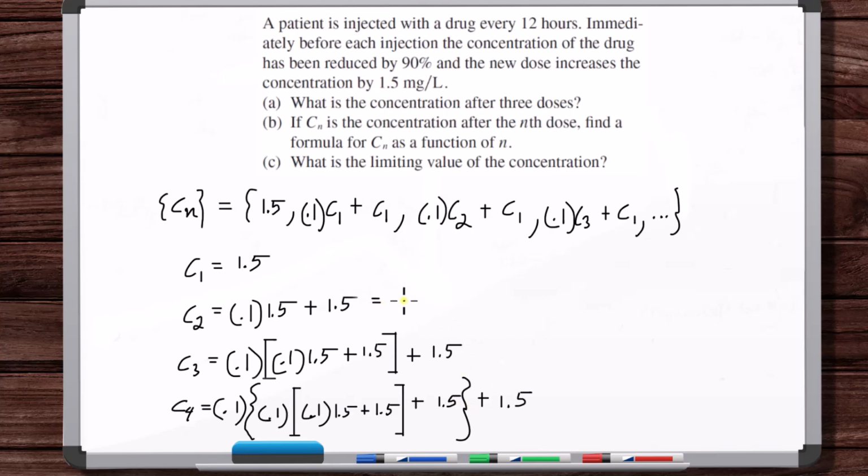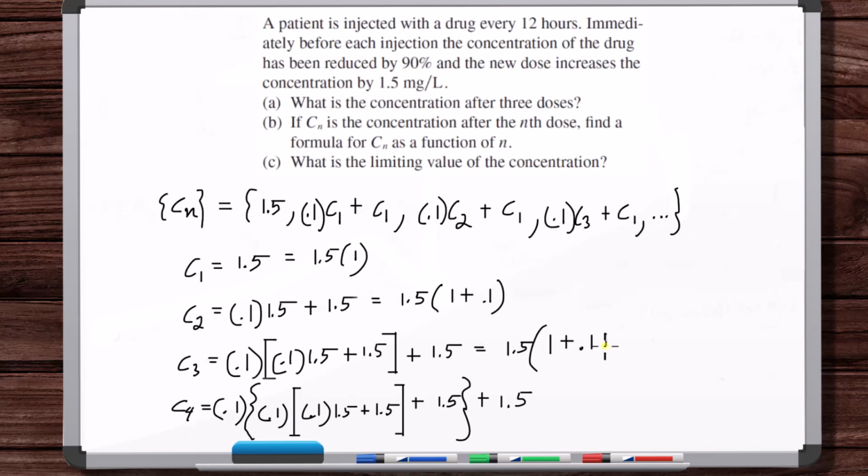So we can factor out a 1.5. This would be 1.5 times 1. This would be 1.5 times, let's do this, 1 plus 0.1. Okay, here we've got the 1 plus 0.1 times 1.5, then 0.1 squared times 1.5.